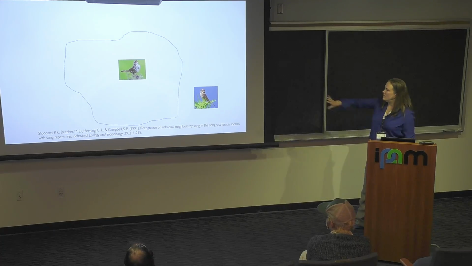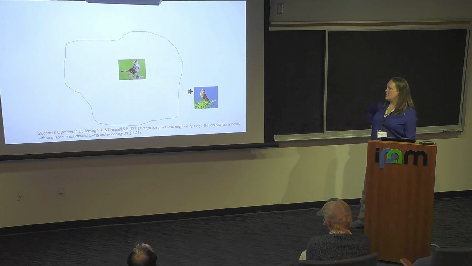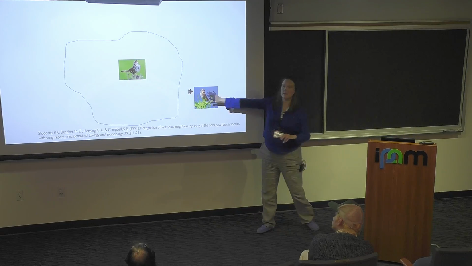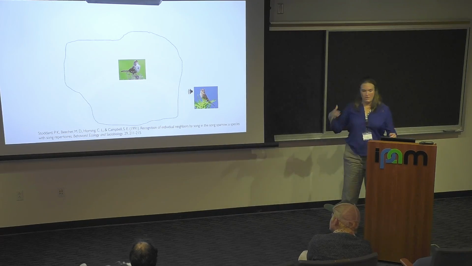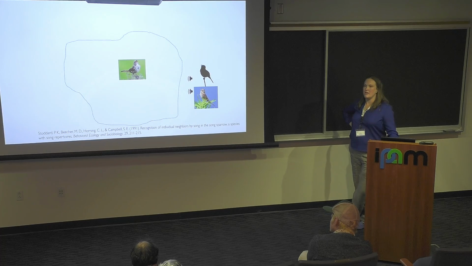they took just this one male and then played back a male's song, either from his territory, where he should be, where the target male is used to hearing him, or they played back the song of an unknown individual. Same species, but one they'd never encountered before.